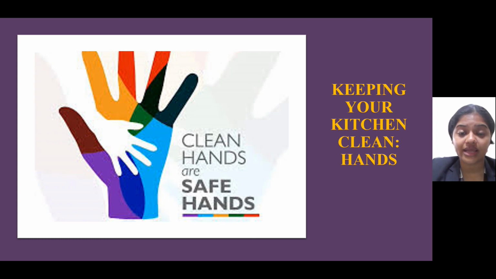Before and after going to the toilet or washroom, it is necessary to wash your hands and only then enter the kitchen. After touching the dustbins or after washing the sink area, it is advisable to wash your hands. And after touching any pets, as we might have pets in our house, it's always advisable to wash your hands properly before touching the food.